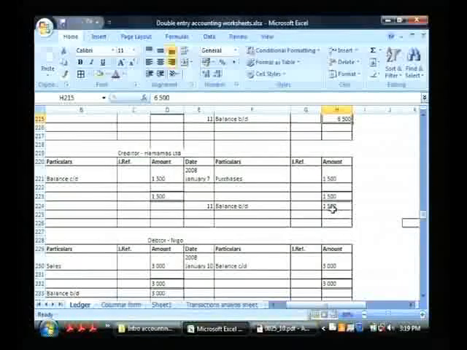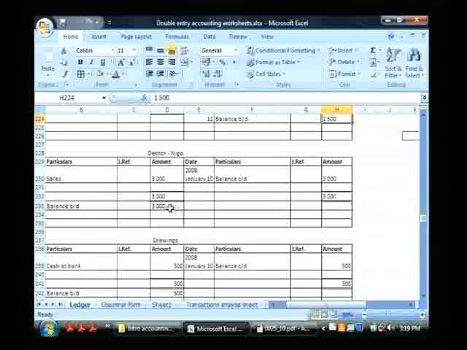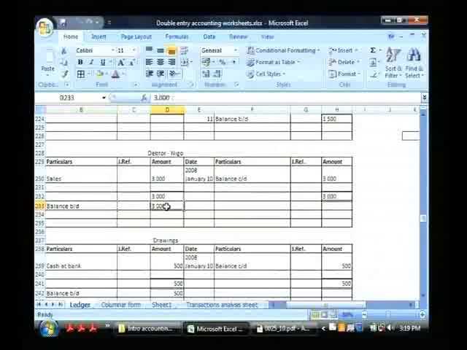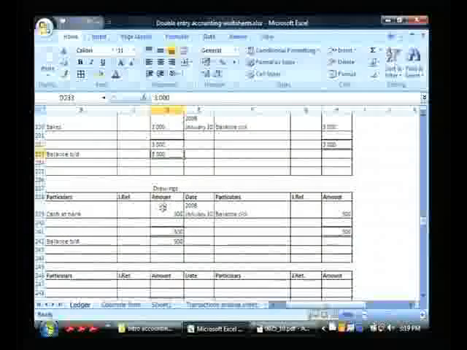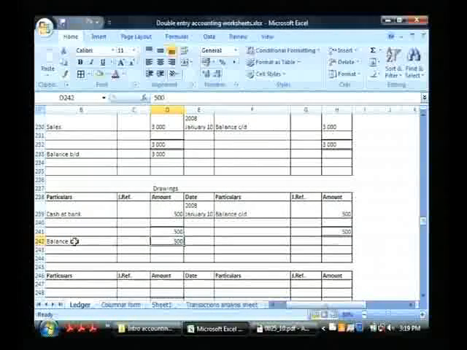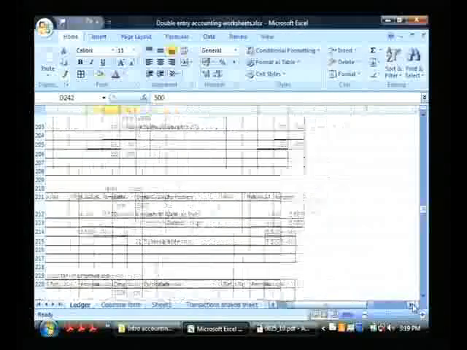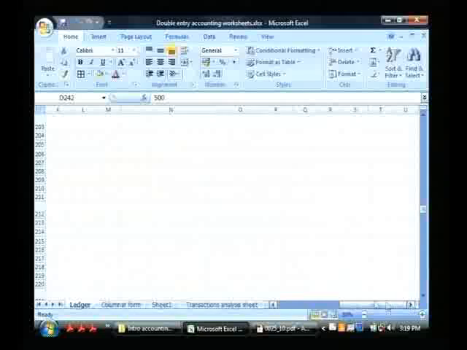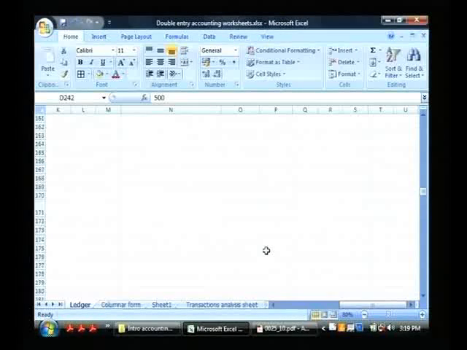Creditor Hamamas Limited, credit balance. Negos balance, debit balance. Drawings account balance, debit balance. So now we can record them in the trial balance.